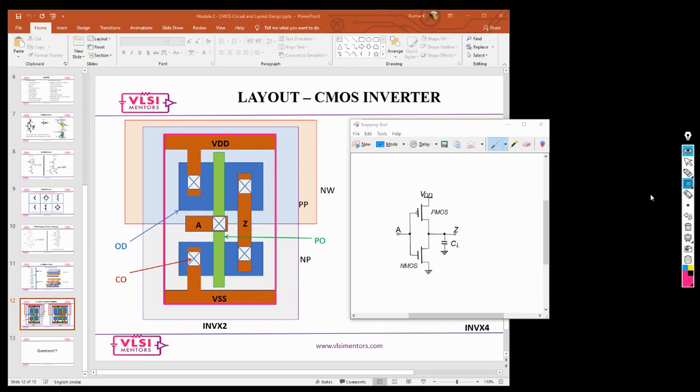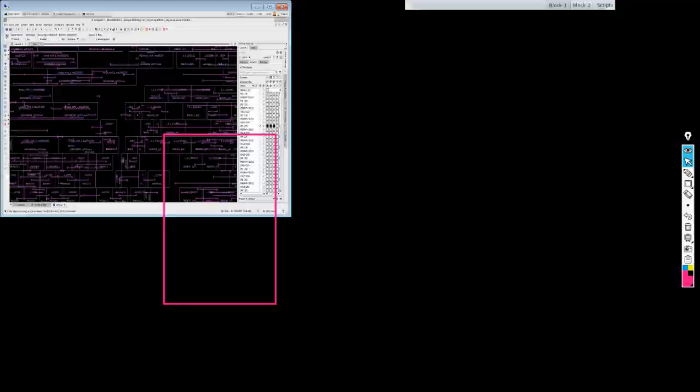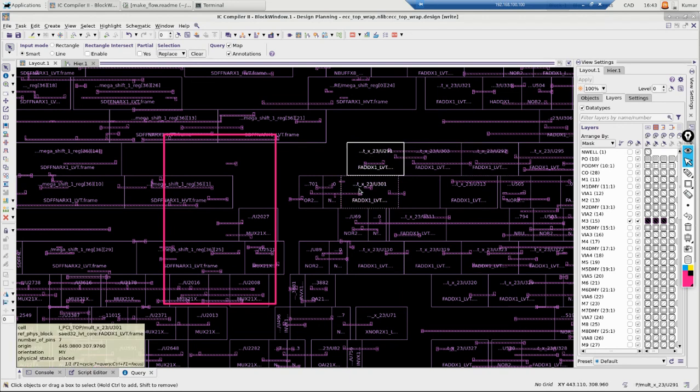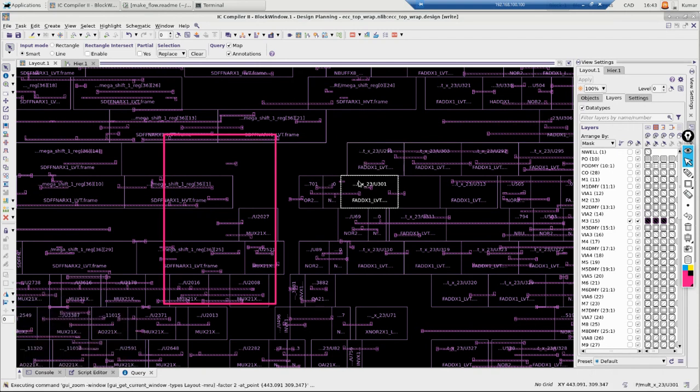Now, if you look at the tool that I was just showing you, each standard cell is of equal height. Do you see here? This is the height.